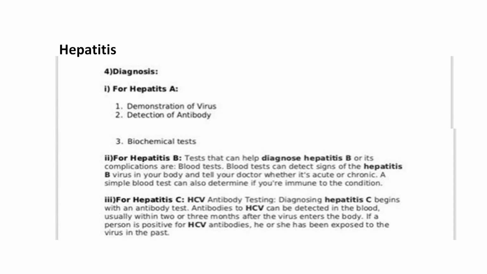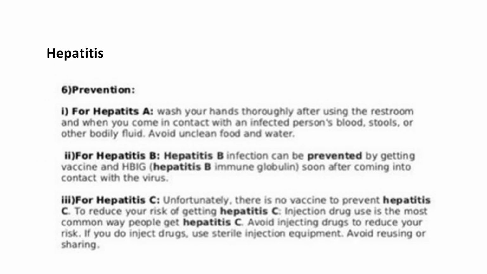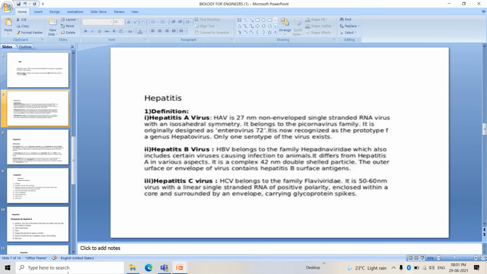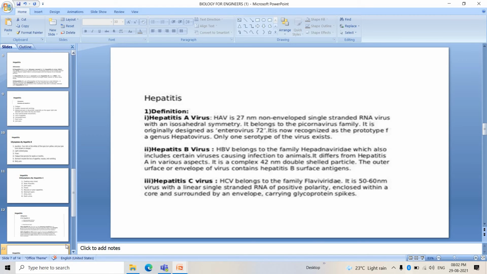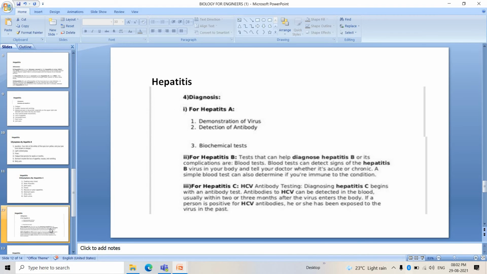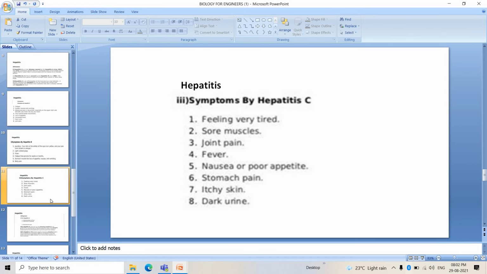Next we have symptoms related to hepatitis C. The patient will be feeling very tired, with sore muscles, joint pain, fever, nausea, stomach pain, itchy skin, dark urine.